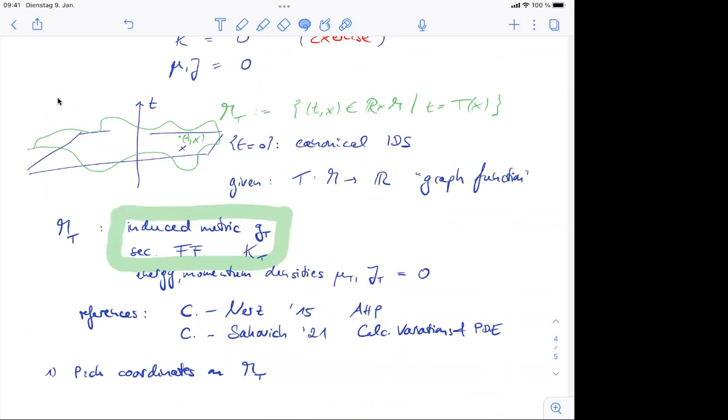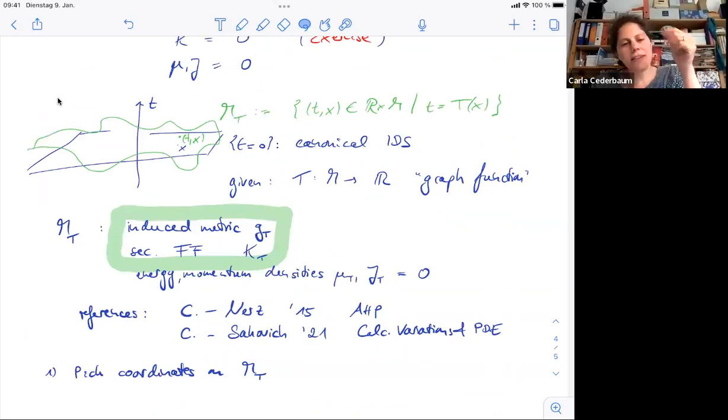Maybe one last comment. The second fundamental form is a tensor object, so it's completely independent of which coordinates I'm using. The reason why I'm picking coordinates now for the computations is because it's hard to write anything down without coordinates. But the objects I'm talking about are all tensorial in nature, except of course the time function.